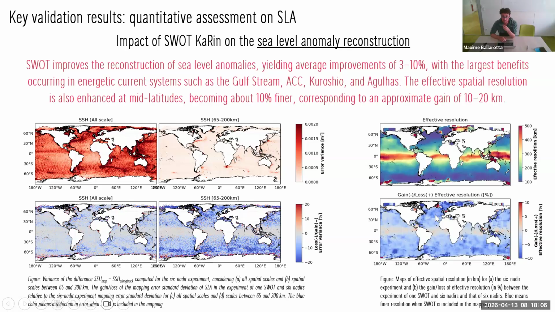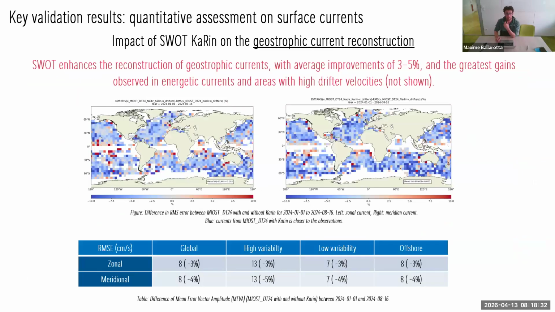From this diagnostic, we can quantify that SWOT also tends to enhance the effective resolution of the map by about 10%, which corresponds to a gain of 10 to 20 kilometers in effective resolution on average in the level 4 product.